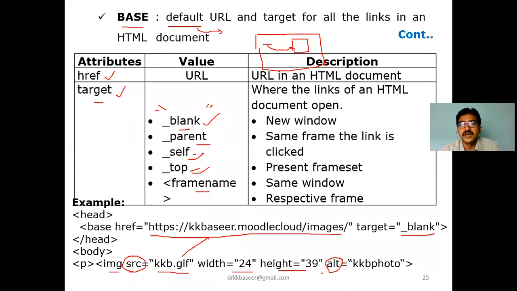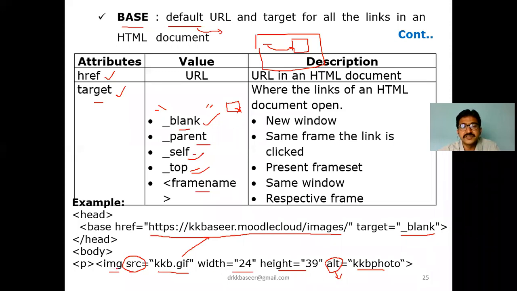Whenever an image is not displayed, as you may have observed in your emails, an image mark will be there. If you take the mouse over that image mark, it shows the alternative message, for example, this is KKB photo. Like this, an alternative message can be given with the help of the ALT attribute.